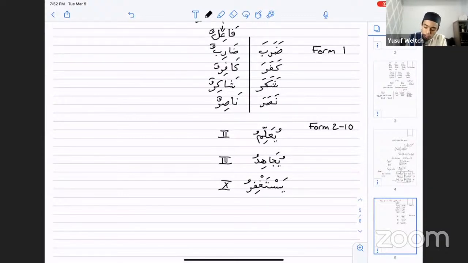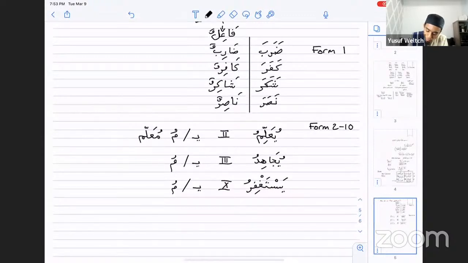Okay, so first step, you have your mudari'. Second step, you change the first letter, which in this case is the ya, of all of them, you change it to a meem with a dhamma. So meem with a dhamma, meem with a dhamma. And how does that look? So yu'allimu changed to, I changed the ya to a meem, mu'allimu.